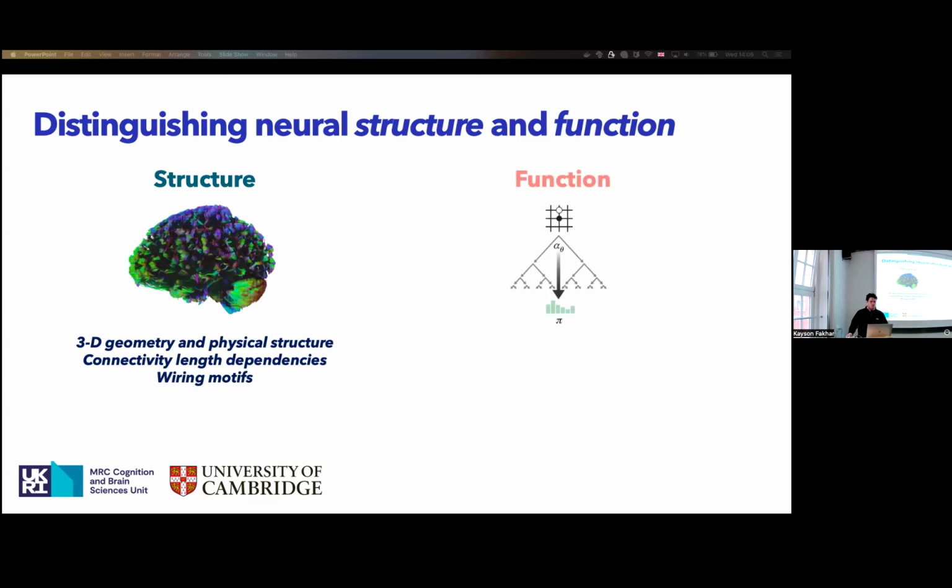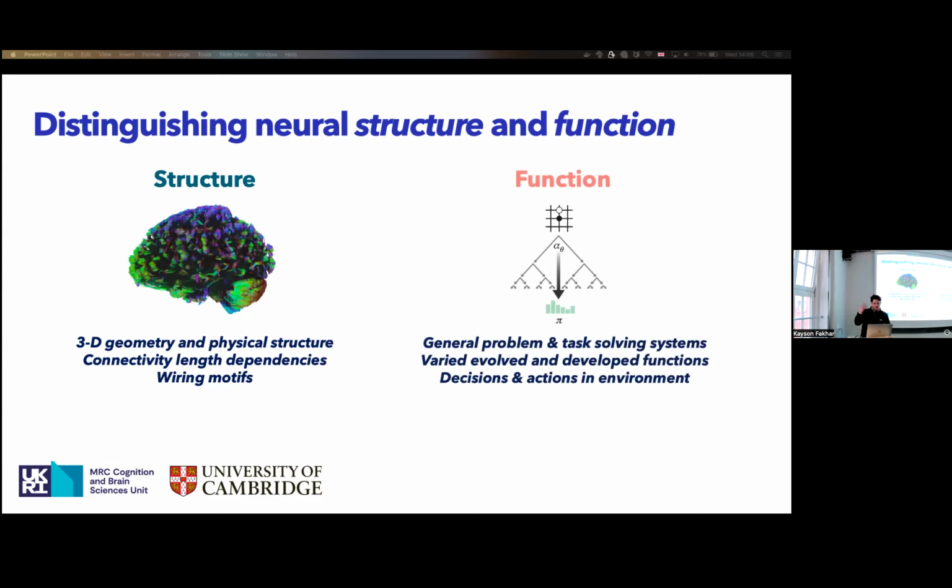But then, of course, we don't just have structure, we have this idea of function, that we make this dichotomy. Generally, when I think of function, I think of general problem or task-solving systems. We've evolved and developed numerous functions to be able to solve problems in the real world. It's ultimately why we evolved, to be able to solve problems, and to make decisions and actions within an environment.